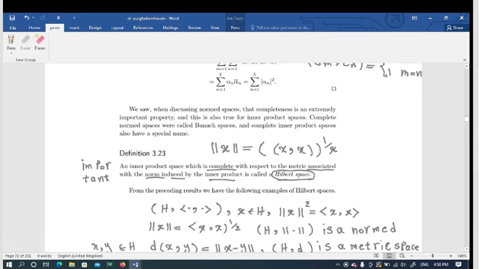With this norm, if the inner product space is complete, we call this space a Hilbert space. So a Hilbert space is an inner product space which is complete with respect to the norm induced by the inner product.